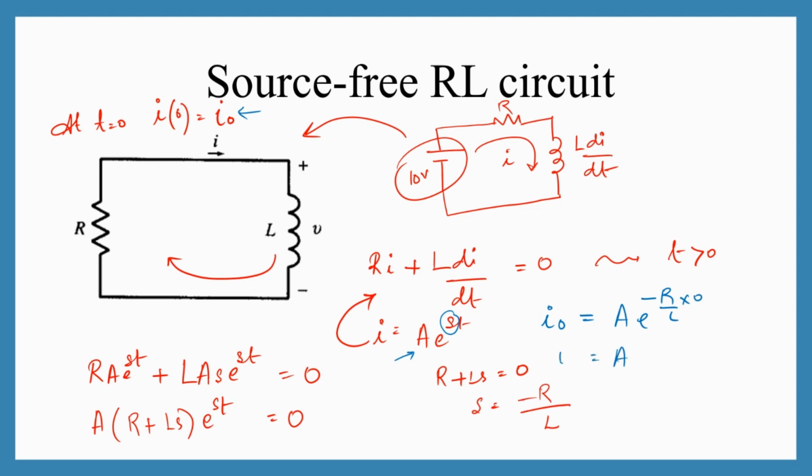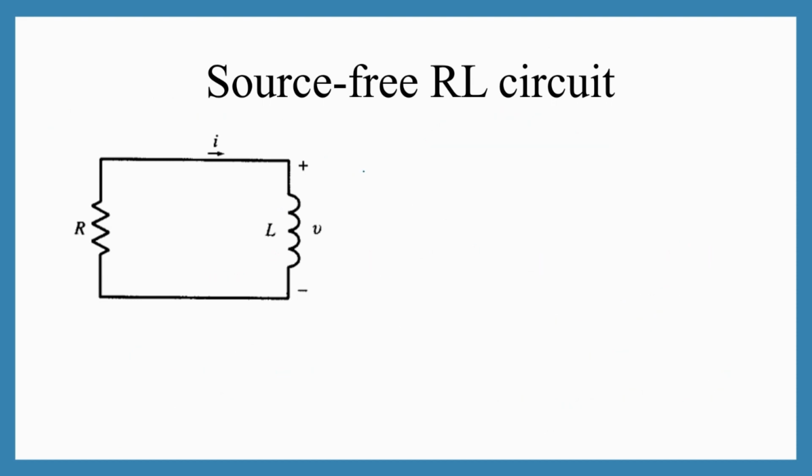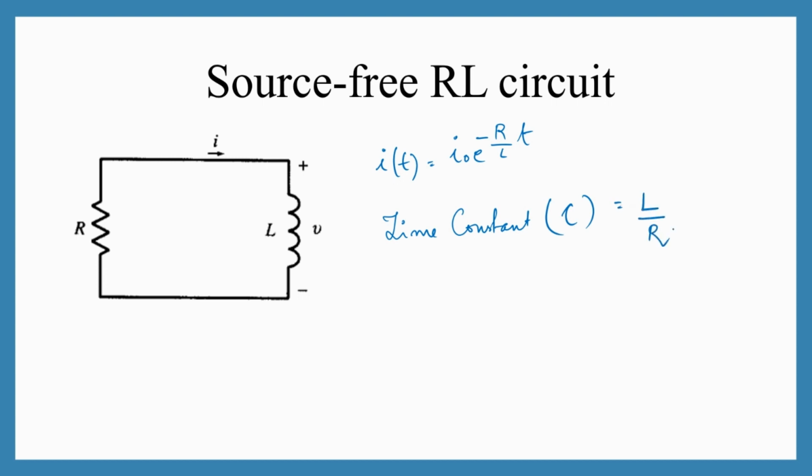So I can say that A is equal to I naught. From this, we can establish that I of t for a source free RL circuit is I naught e power minus R by L t. Here, the time constant for this circuit, given by tau, is going to be L by R.